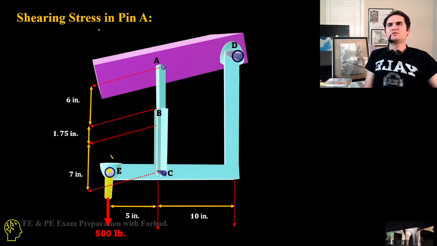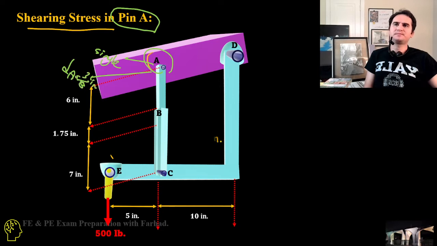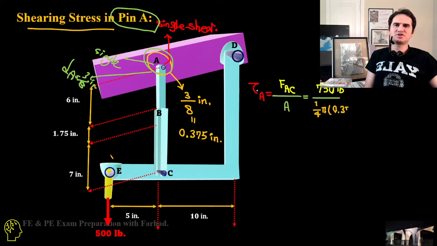If we want to know the shearing stress in pin A, that's again in single shear. The area is based on dA of 3/8 inches. With single shear and a diameter of 3/8, the shear at A is the force of AC.